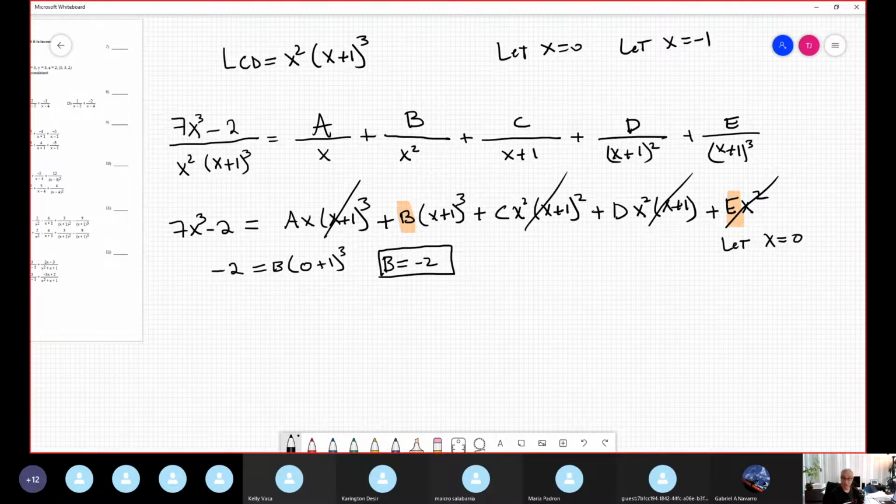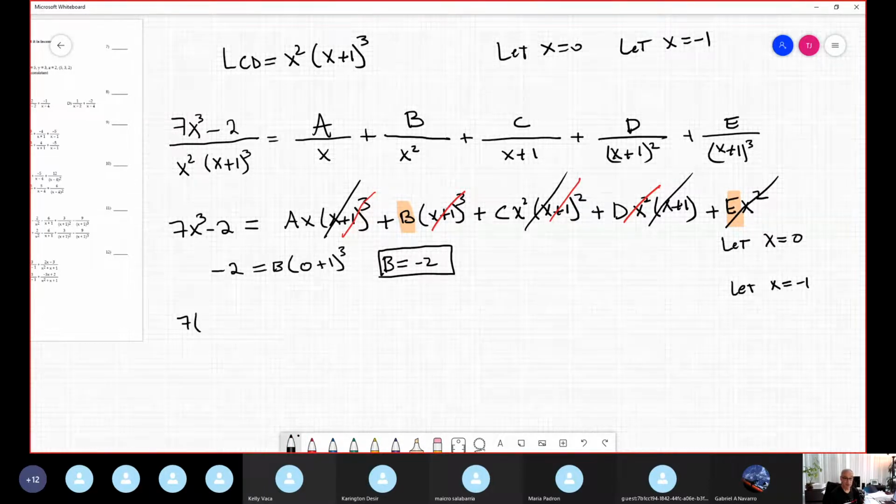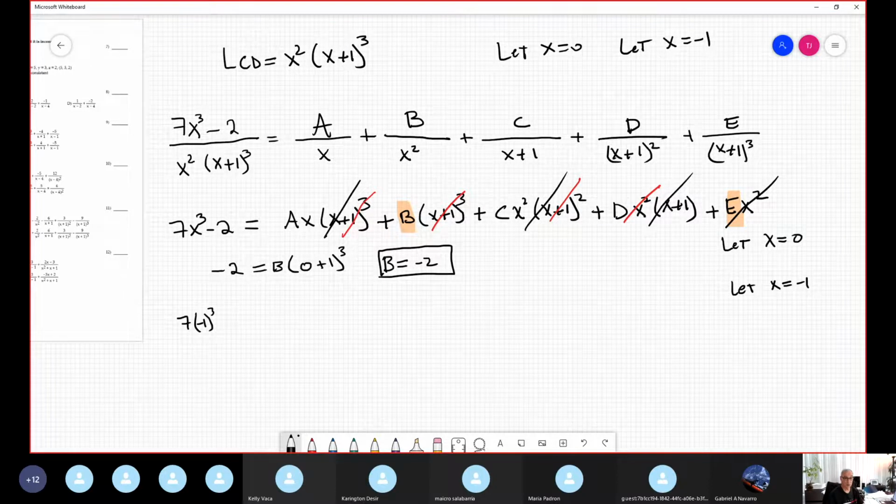And similarly, if you are doing, for example, -1, which is another frame value, because -1 plus 1 is 0. In that case, this is cancelled, this is cancelled, this is cancelled, this is cancelled, but this no. So we have 7 times -1 cubed minus 2 equals E times -1 squared.